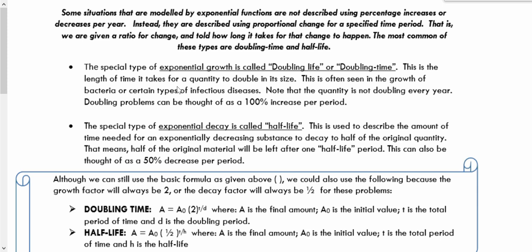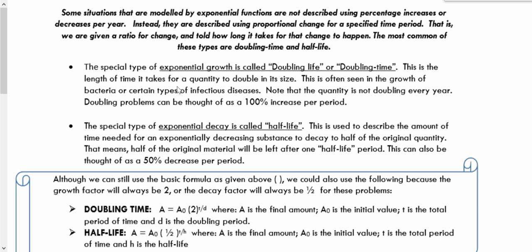Or in coronavirus's case, it took 5 hours to go from 100 cases to 200 cases. And so if you're talking about a doubling time, it's basically asking you for a length of time it takes something to double in its size.